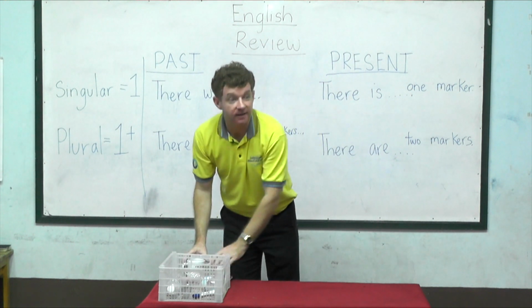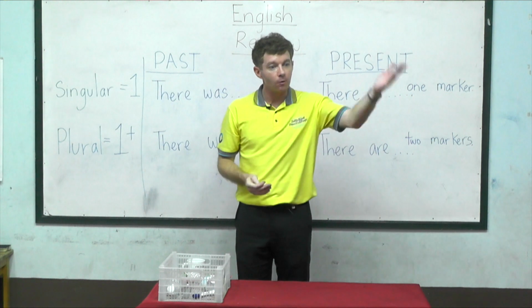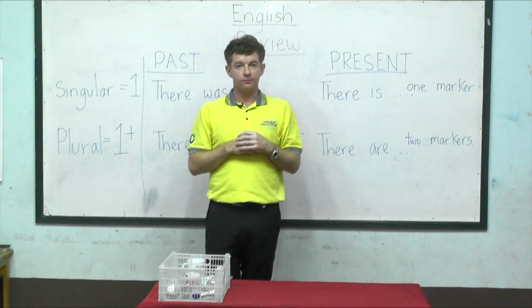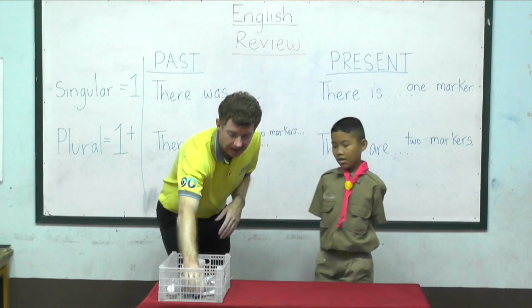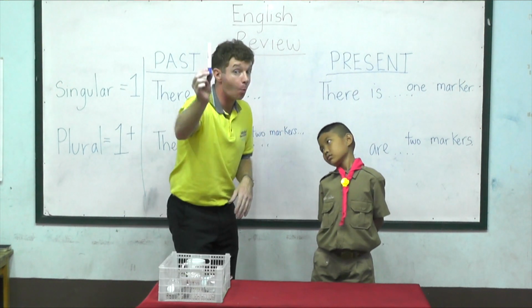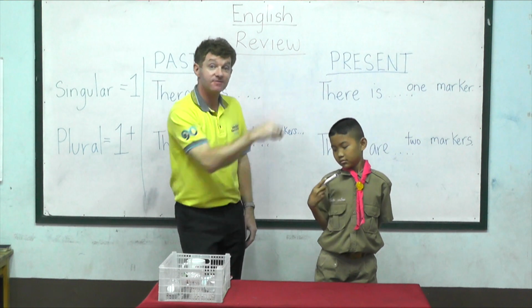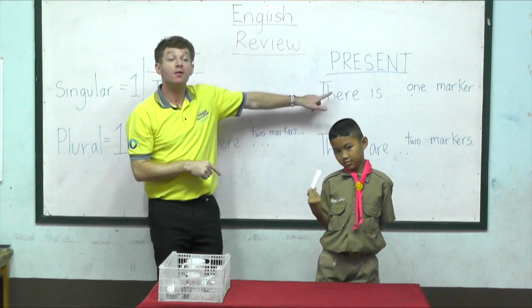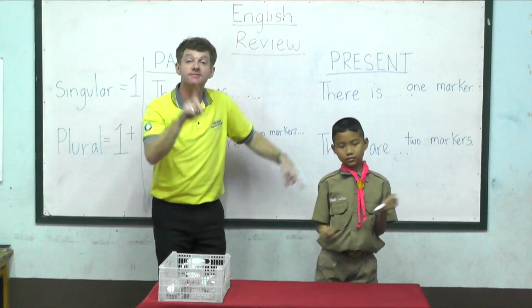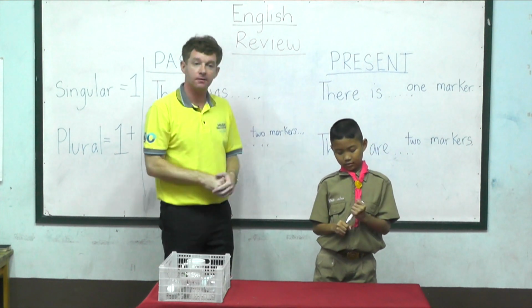So let's see, next student, Bangpon, come and join me at the front. So Bangpon is here, and now I will give him one marker. So now in the present tense, we will say, there is one marker.